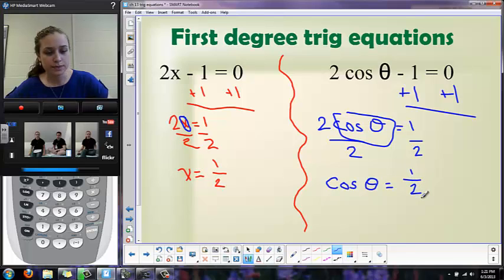Okay, now the only difference between solving first degree equations and solving first degree trig equations is that once you get to cosine theta is equal to 1/2, we don't care what cosine theta is, we want to know what theta is. So this is where I would pull up my magic table and figure out what theta is when cosine is 1/2. So let's figure out what angle we're actually talking about here.